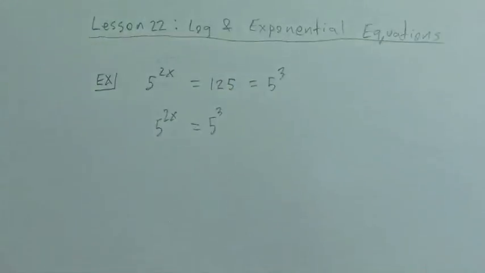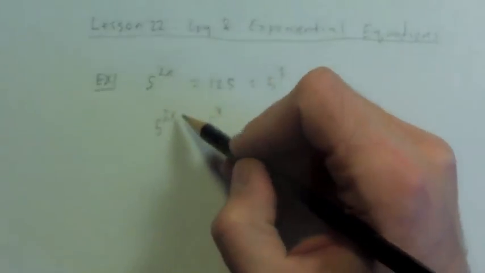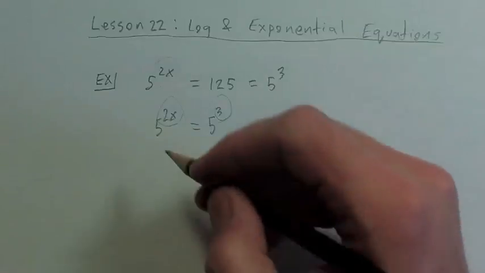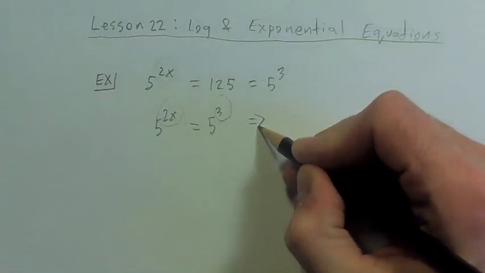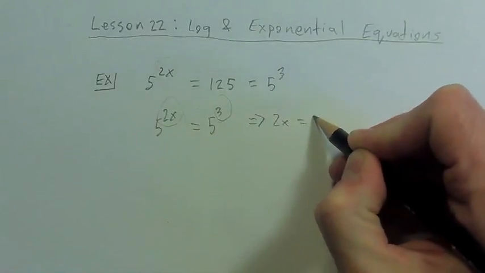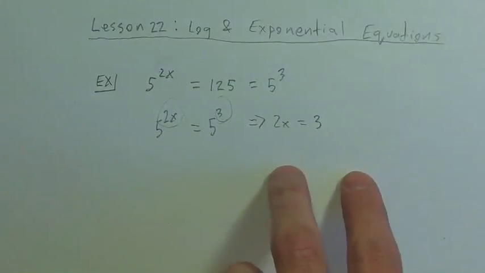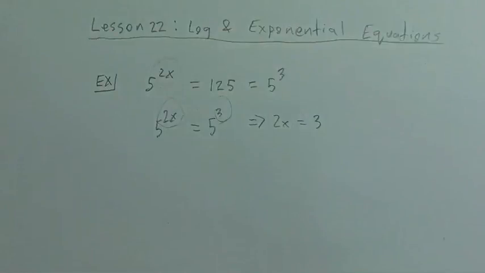And so, since these are one to one, if I have 5 to something is equal to 5 to the third, that must mean that something is equal to 3. If 5 to some power is equal to 5 to some other power, those powers must be equal.